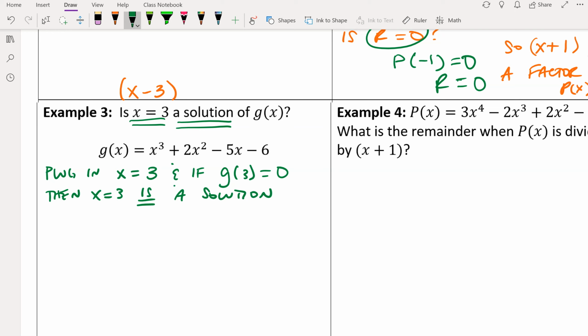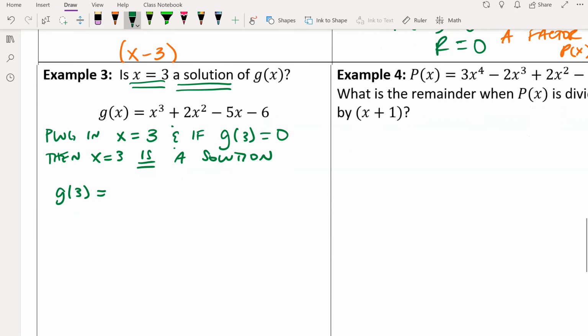Sweet, so let's do that. Let's plug in x equals 3. So we get g of 3 equals 3 cubed plus 2 times 3 squared minus 5 times 3 minus 6.